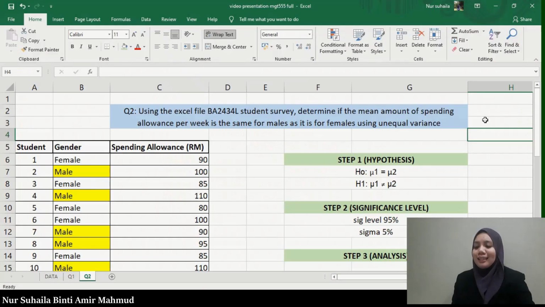Now, let's take a look at the second topic, which is the two-sample t-test. The question is, using the Excel file BA244L student survey, determine if the mean amount of spending allowance per week is the same for males as it is for females by using unequal variance.